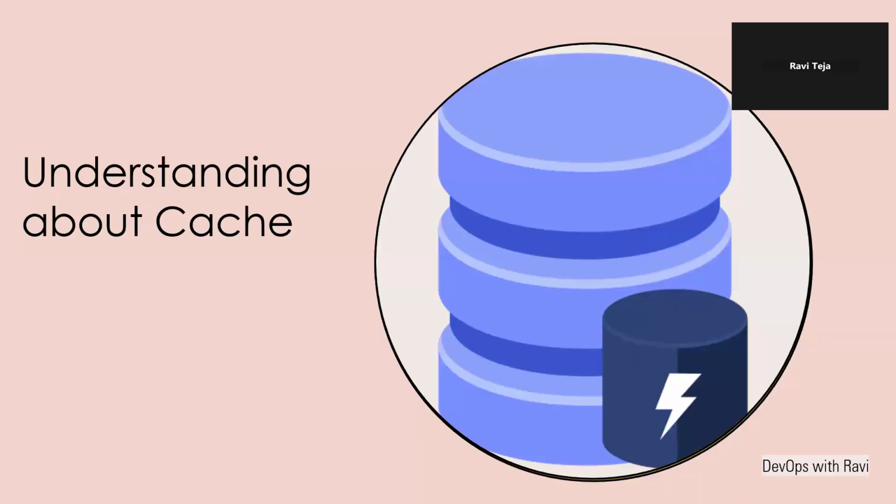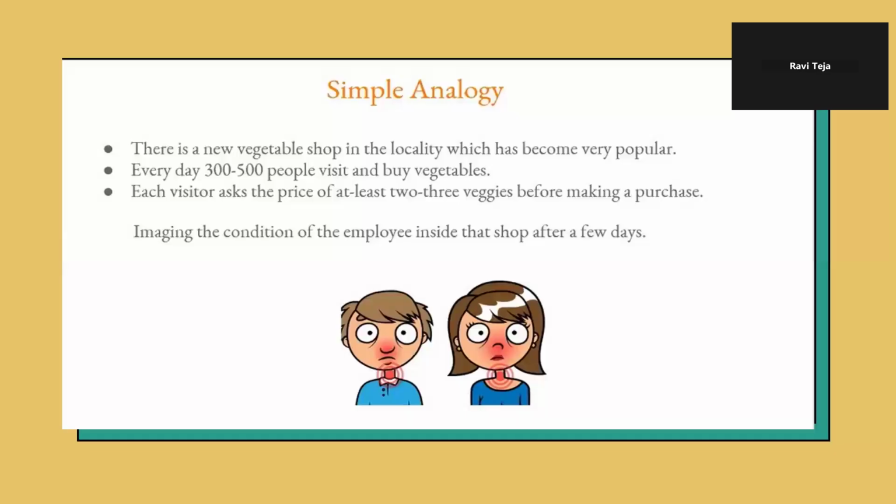Okay, understanding about cache. Suppose we have some database. We have to understand this. Suppose you are considering a market. In that market, there are so many types of vegetables like ladies finger and cucumber.